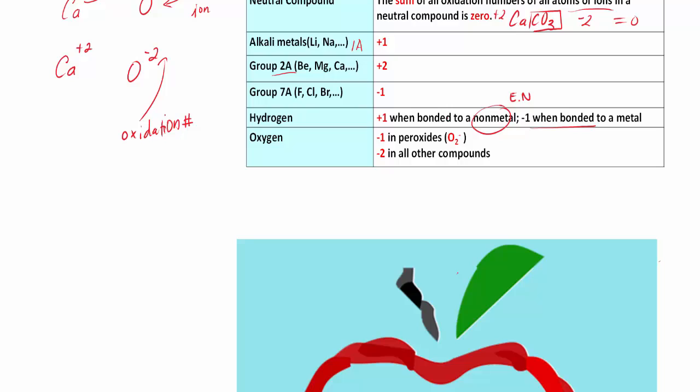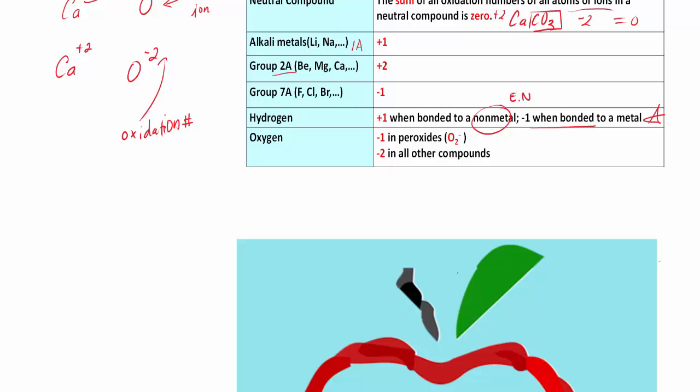Now, when hydrogen bonds to a metal, it is more electronegative, so it's going to gain the electron from the metal. That's the reason why hydrogen has an oxidation number of -1 when it's bonded to a metal. So keep that in mind. This is a very tricky one because hydrogen is very common in most compounds.